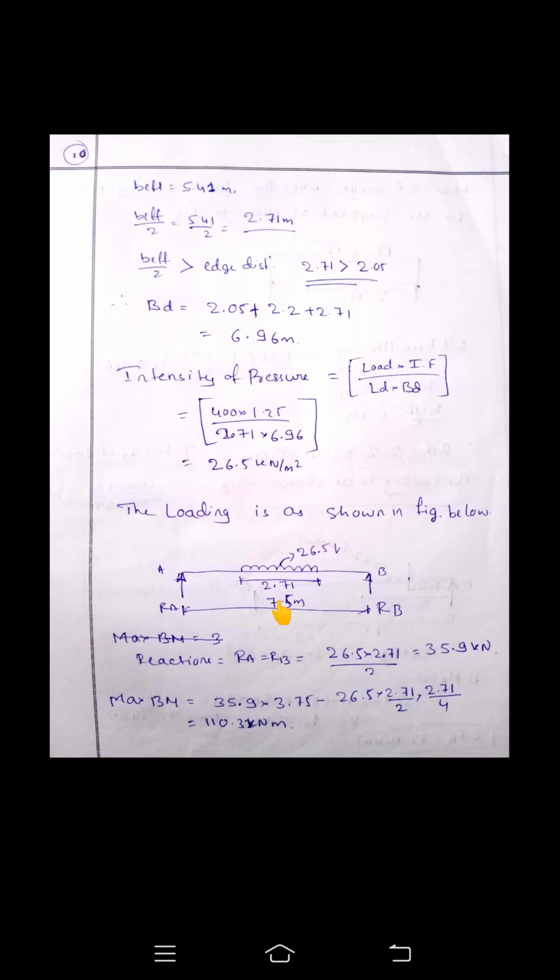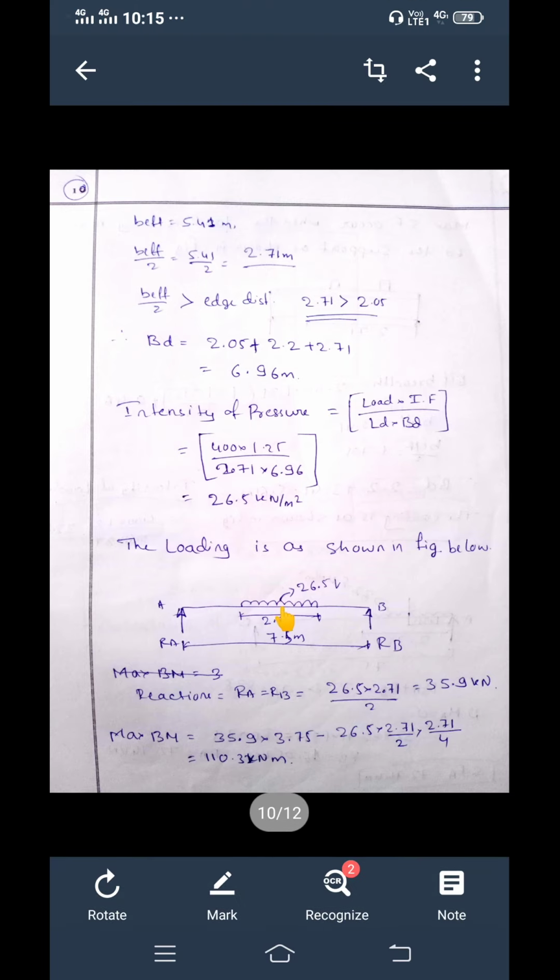Since we are taking the moment at the center, it is 2.71 divided by 2. Only for that much distance should we consider this loading. We will not consider the loading beyond, because we are taking the moment at the center. So we get the UDL 26.5 into 2.71 divided by 2.